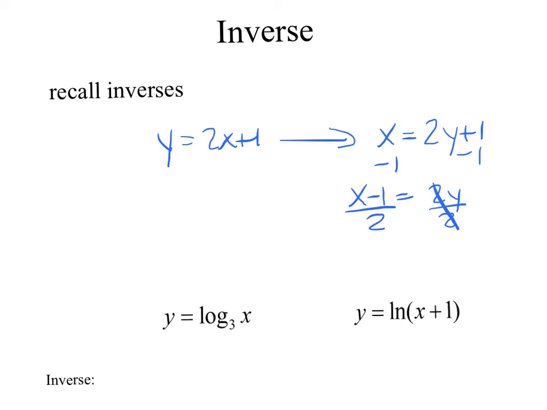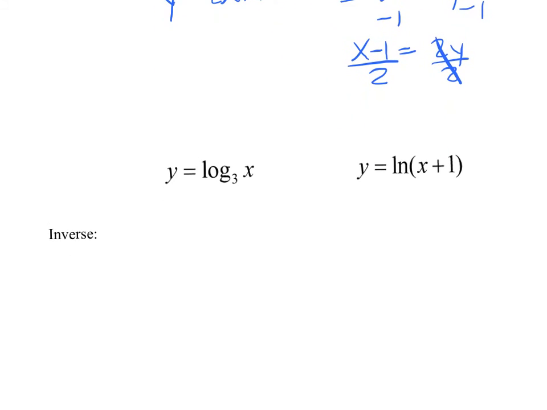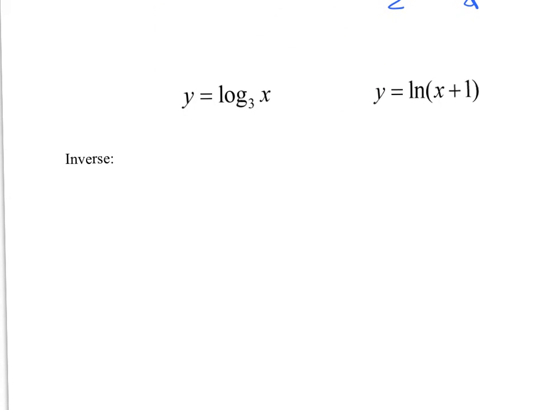So with logarithms, if I want to find the inverse, I have to switch x and y. So for this one here, I'm going to switch x and y. And now I have to solve for y. But if you remember my Tootsie Pop problem, I was telling you before, y is inside a logarithm. I can't divide by log to get rid of it. Okay, it's inside of it.